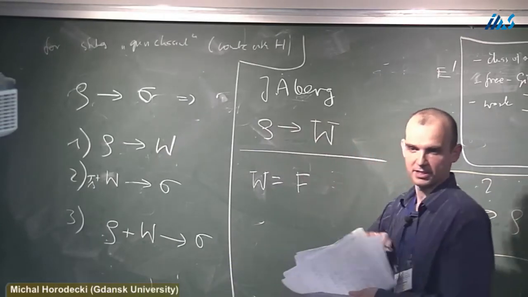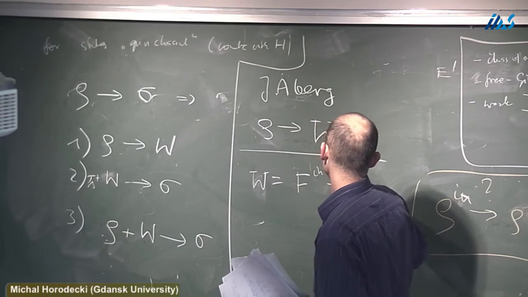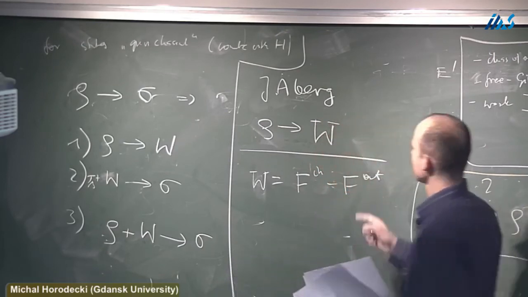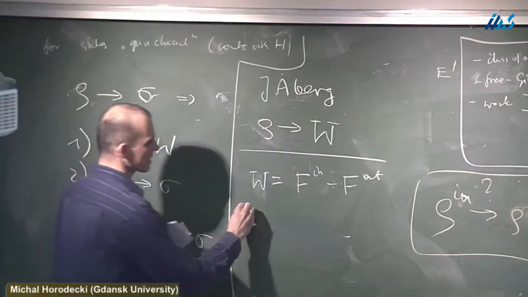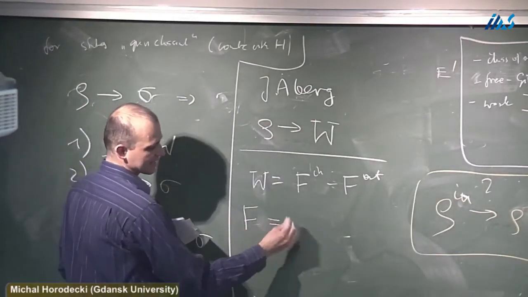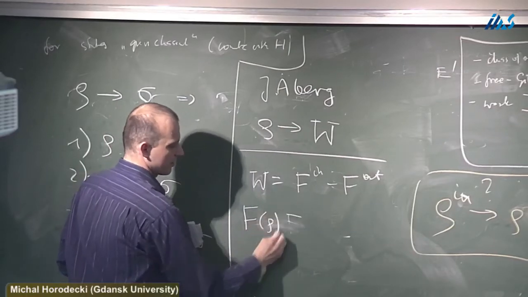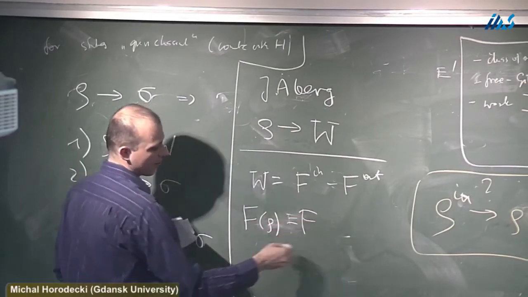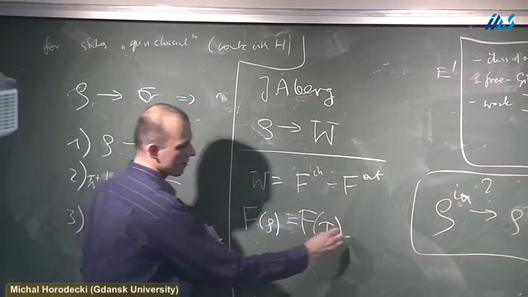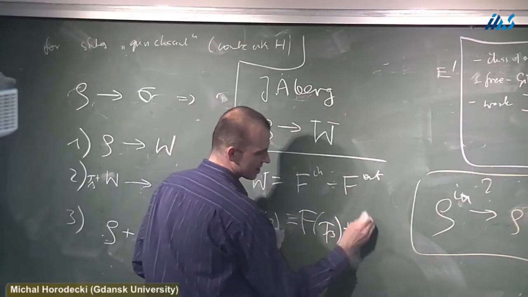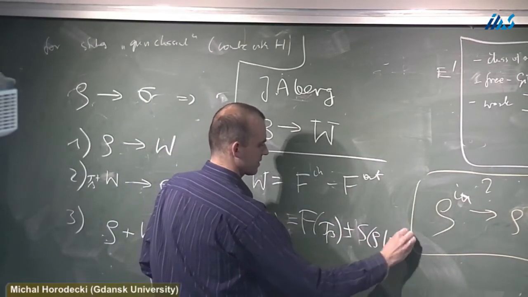So here it's also the difference of free energies, F in minus F out. But the free energy is different from the standard free energy. The free energy of rho you can write as the free energy of a Gibbs state plus the excess, which is the relative entropy distance of this thing.